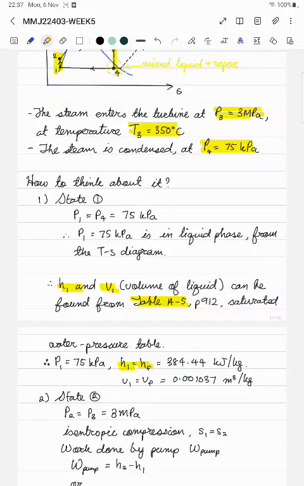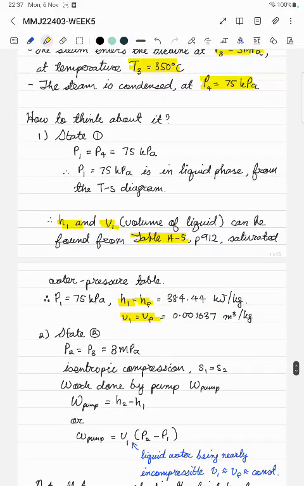So the enthalpy is 384.44 kilojoules per kilogram. Of course, we can also find the volume of the liquid at this pressure, which is 0.001037 cubic meters per kilogram.